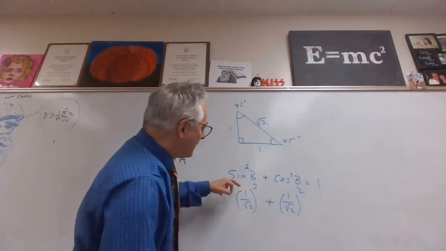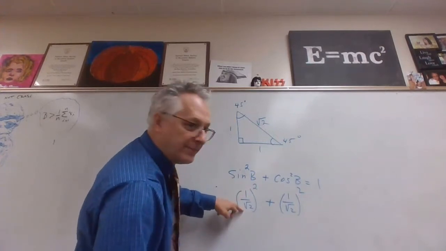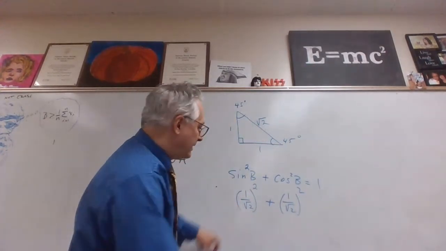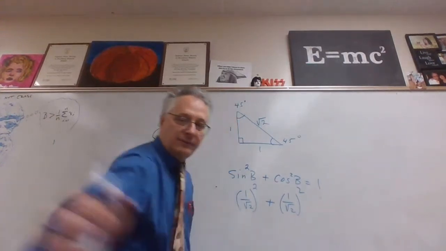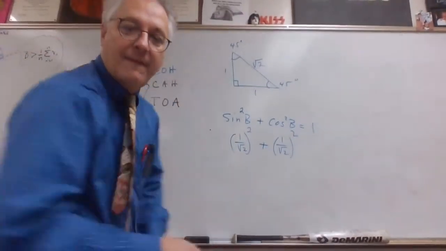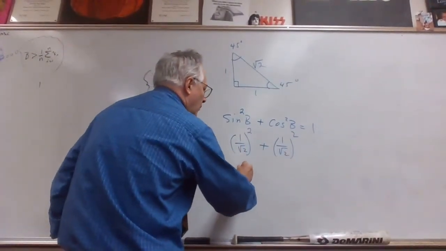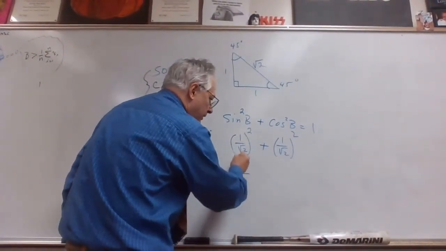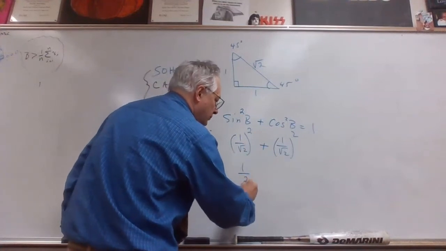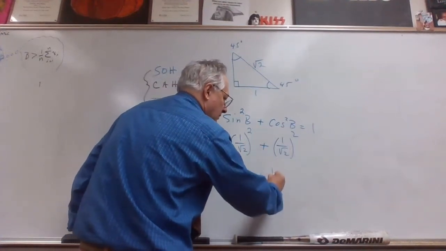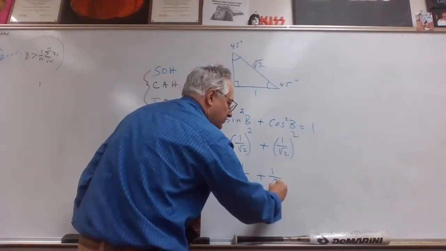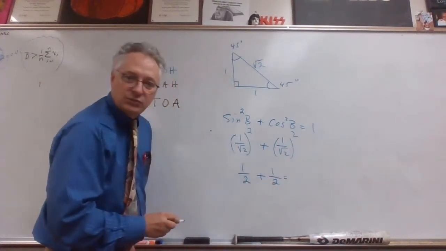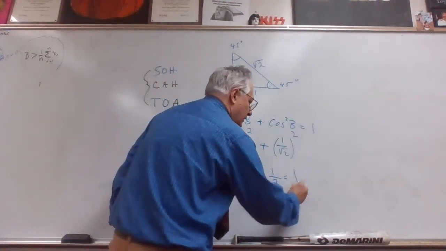Well, what does that equal? If I square the numerator and the denominator, I'm going to get 1 squared is 1, square root of 2 squared is 2, plus 1 squared is 1, and the square root of 2 squared is 2. So 1/2 plus 1/2 is equal to 1.